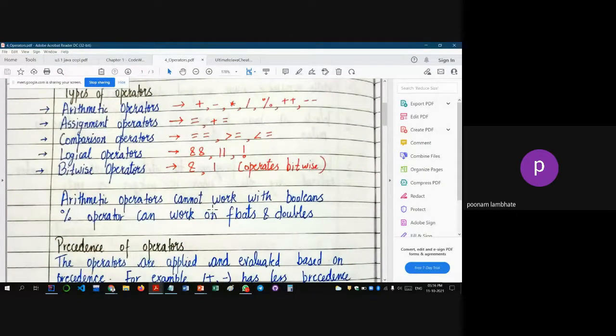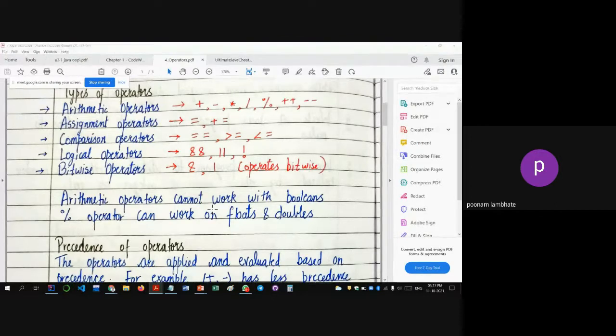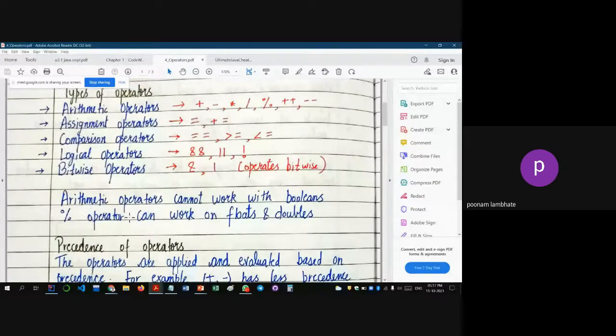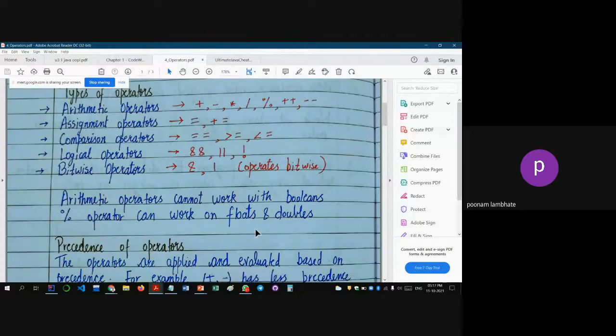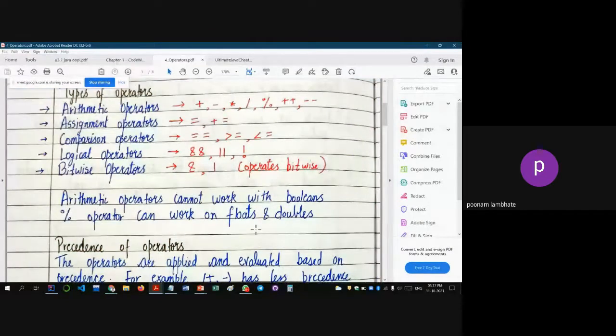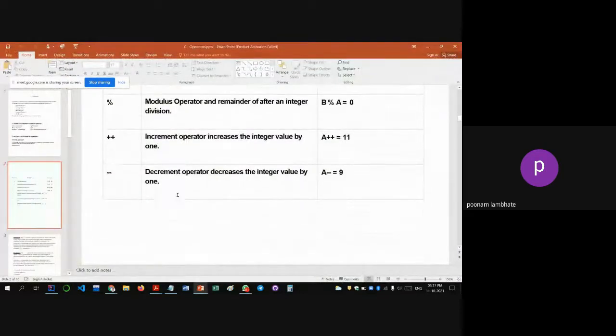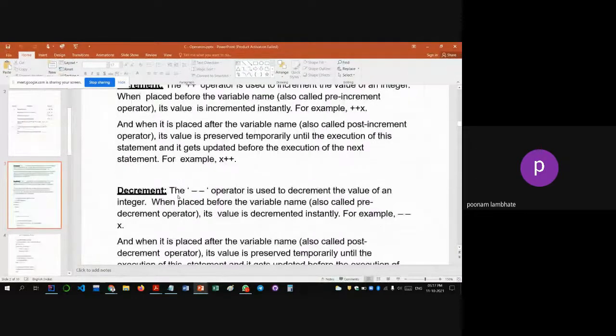If you do 1.2 mod 2.3, it is allowed. We'll see that example in our program. But remember that in Java, you can use the percentage or modulus operator for floating point values, meaning if the numerator and denominator are floating point values and you use mod, it is okay. Then plus plus and minus minus, we need to see examples.